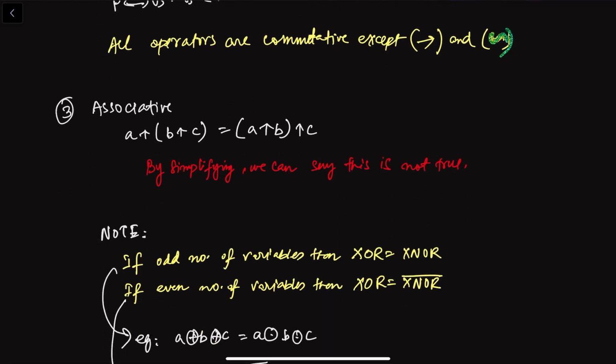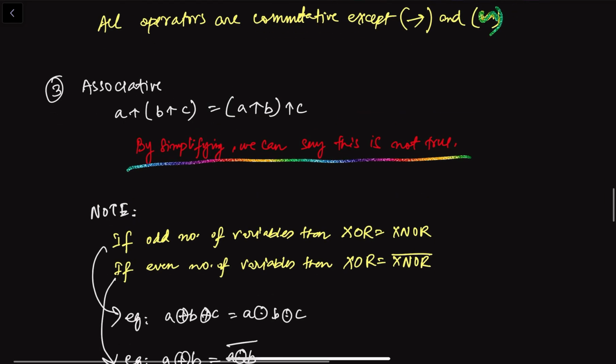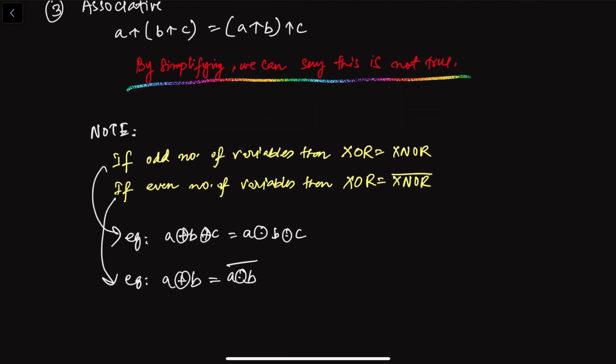Associative. By simplifying the expression, we can say whether it's associative or not. We can have any expression and we can check. One more key important point is that if the number of variables in XOR is odd, then it will give us the XOR gate.